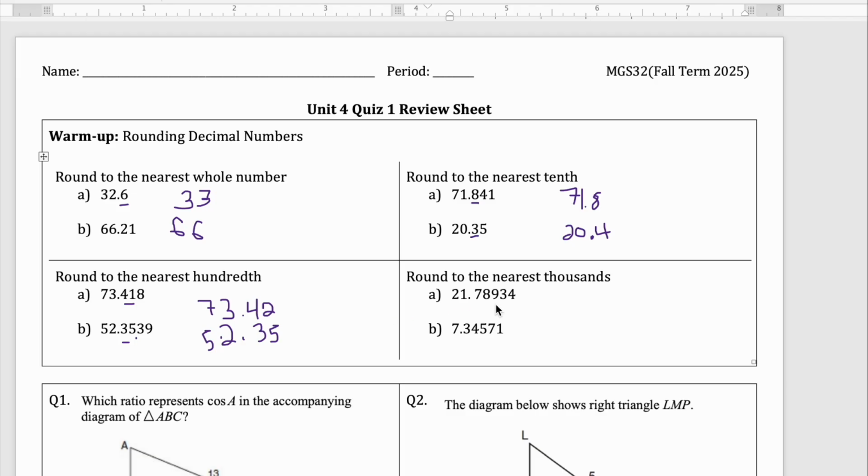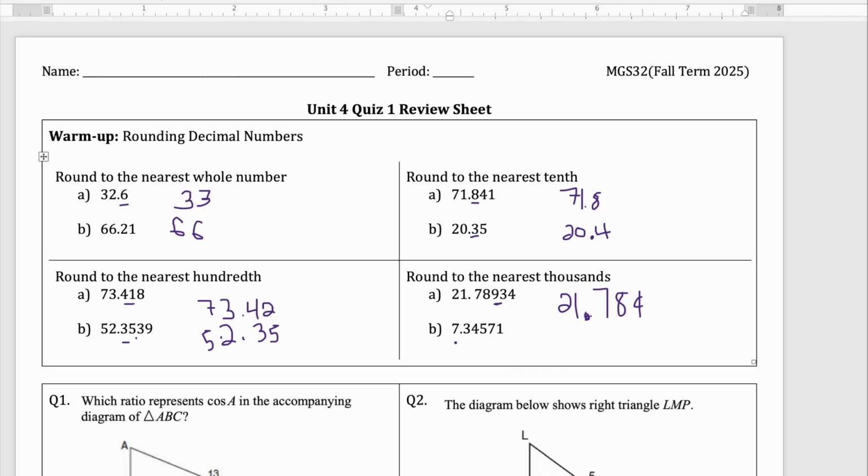This is thousands place, so I go 3 place values in. 21.789. And I'll just try to make this decimal point so you can see it.